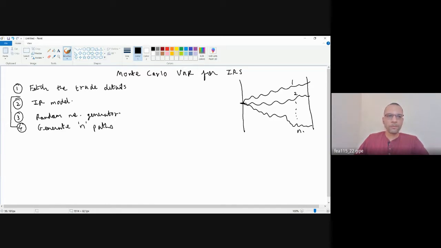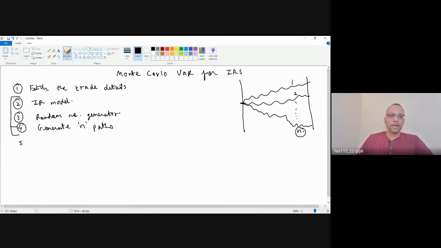So 2, 3, and 4 are extremely computationally intensive because you decide on a value of n which is considerably large, because now you don't have a restriction of 252 days. For historical simulation VAR, we had 252, right? Now here you can have as many scenarios as possible. Of course, you have to balance that out with your system infrastructure. So 2, 3, and 4, I would say, is immensely computationally intensive.